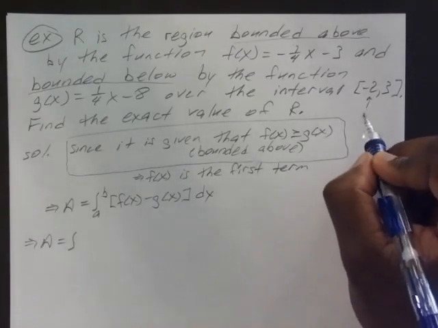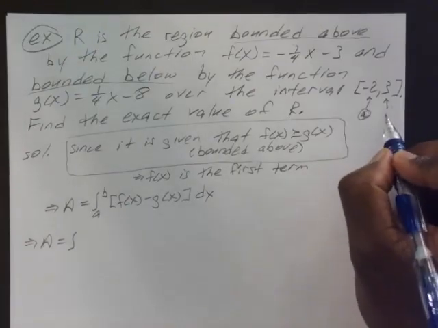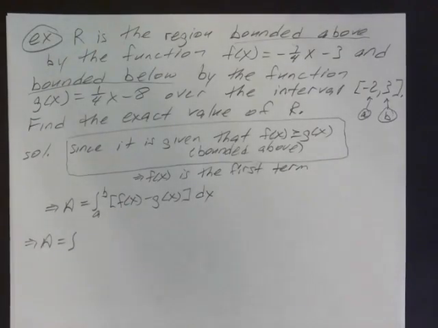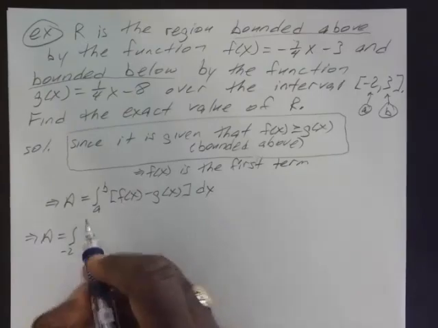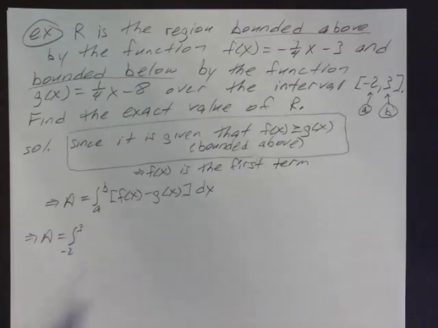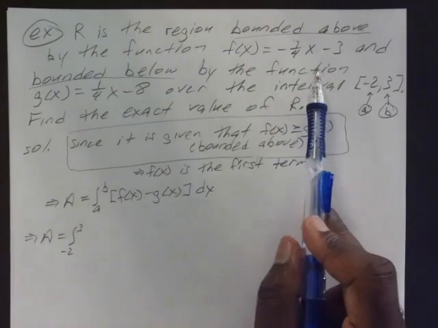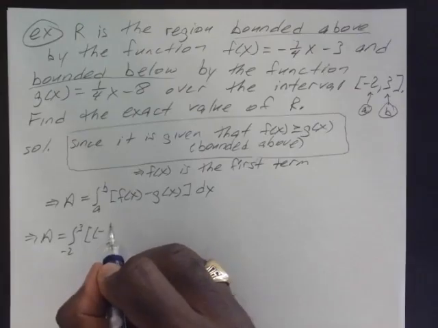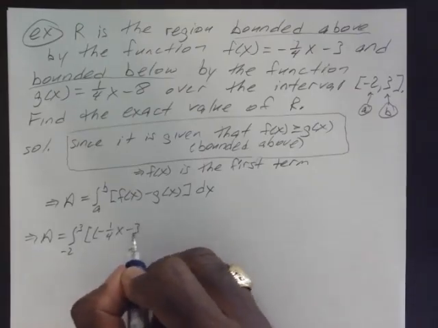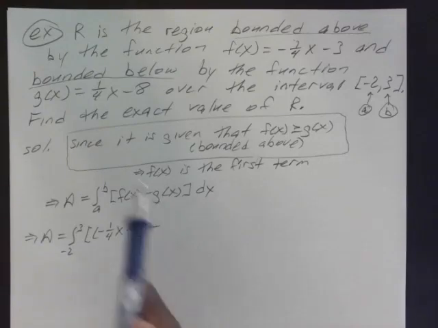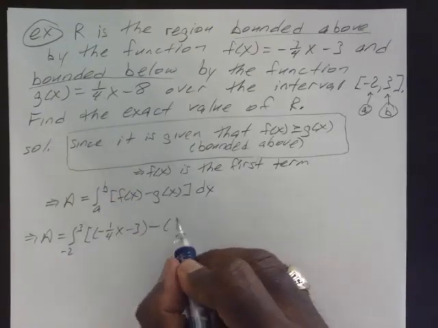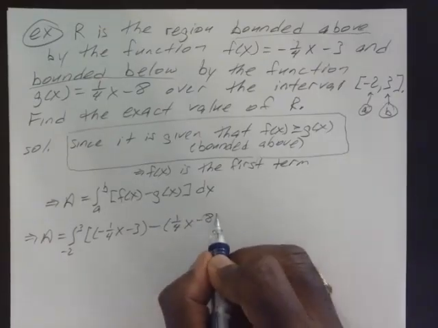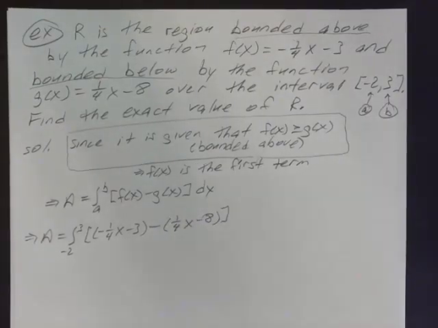We know that -2 is our a, and that 3 is our b. So that's from -2 to 3 of f of x, which is -1/4 x minus 3, minus g of x. So that's minus 1/4 x minus 8 with respect to x.